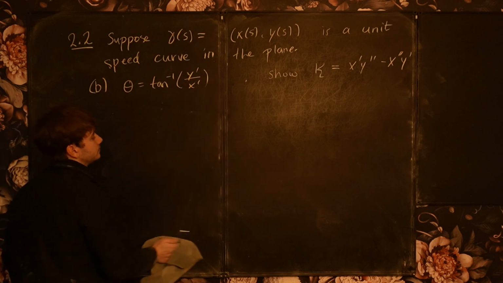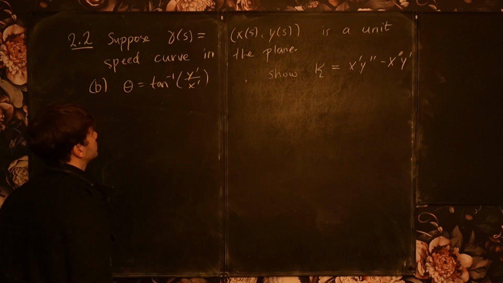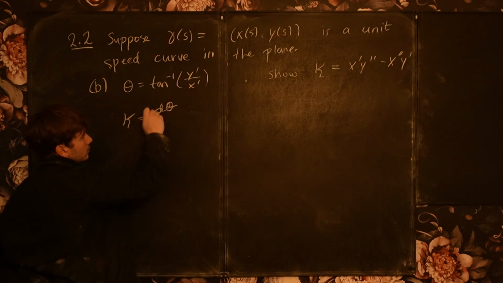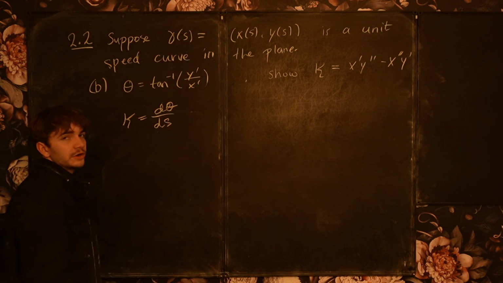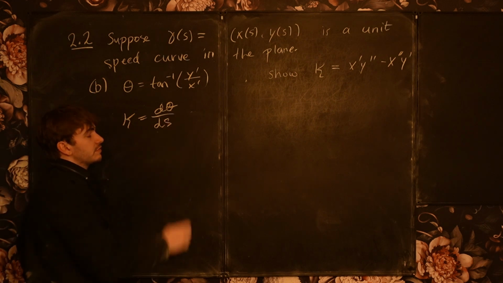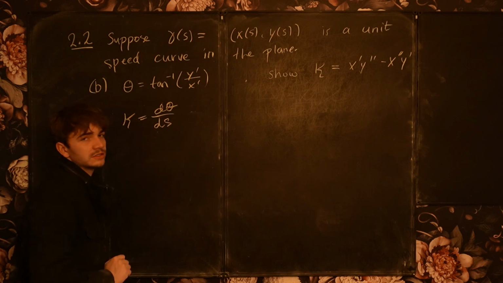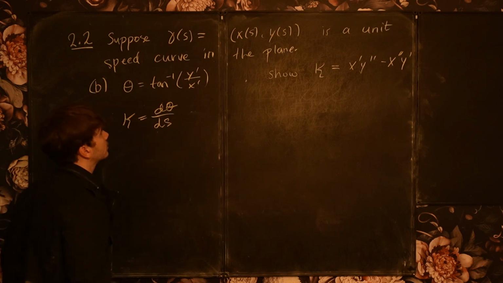Okay, so remember we showed in the previous problem that we have such an equality here, where the curvature is just the derivative of this angle, the angle between the tangent vector of the curve and the horizontal axis, its derivative with respect to the arc length parameter.